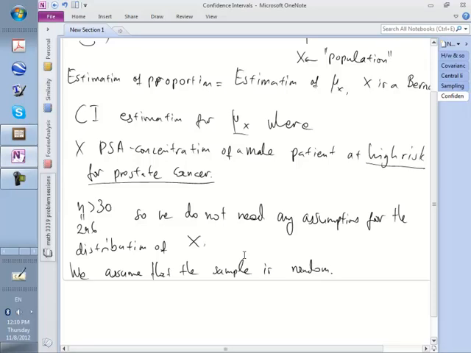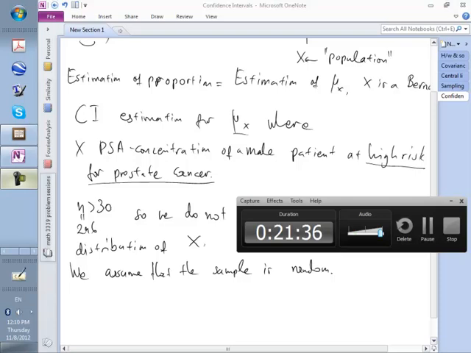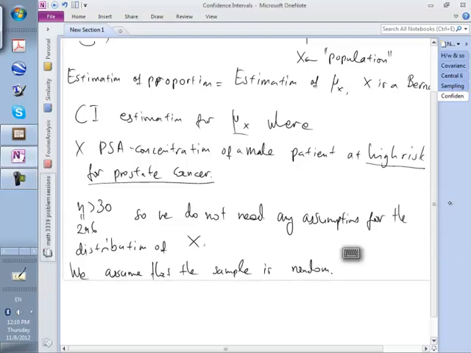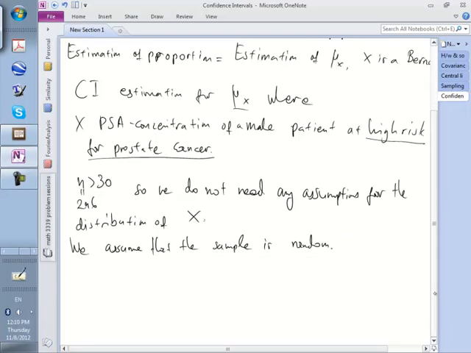So we make these assumptions by default. Okay? And after we have made these assumptions by default, now we can estimate the mean of X.